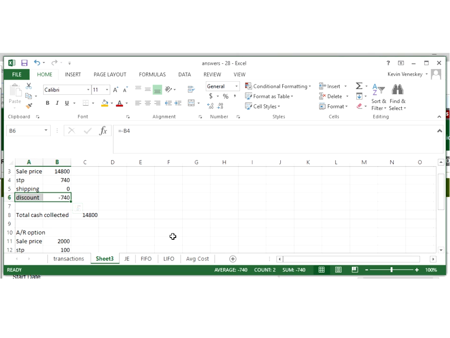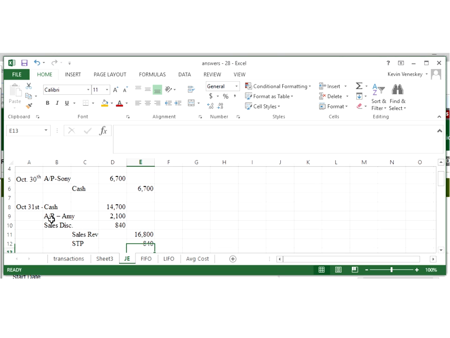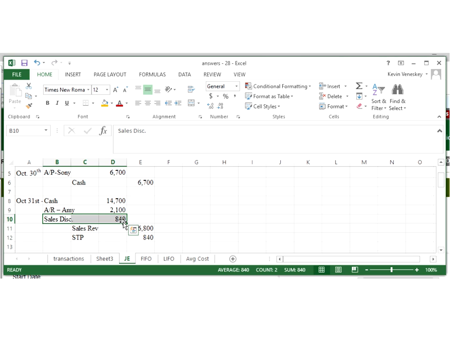Leaving the only thing left that I need to account for somewhere is the sales discount that I offered. I offered them an automatic upfront discount, and they took advantage of it by paying cash. So I'm going to record this discount just like I would if there was a regular sales discount. So here's my sales discount showing that I took a little bit off the bill.